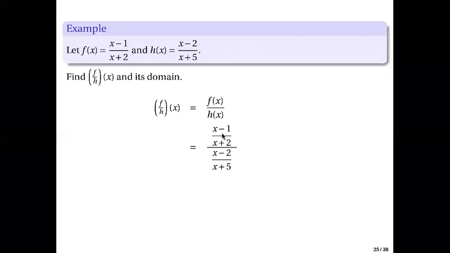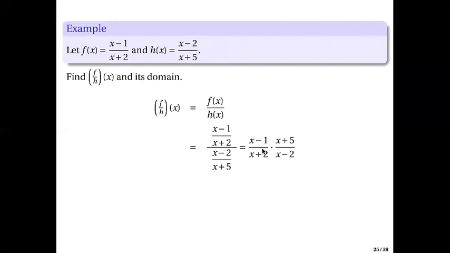So we replace the function f of x by x minus 1 over x plus 2. And then you have this long bar here, so all over, you replace your h of x by x minus 2 over x plus 5. But this is just a complex rational expression, so we can rewrite this in the following manner. We change this to multiplication, but we need to get the reciprocal of this denominator.